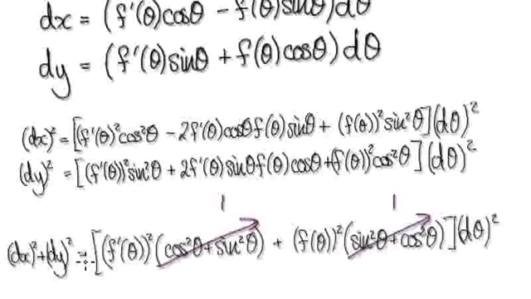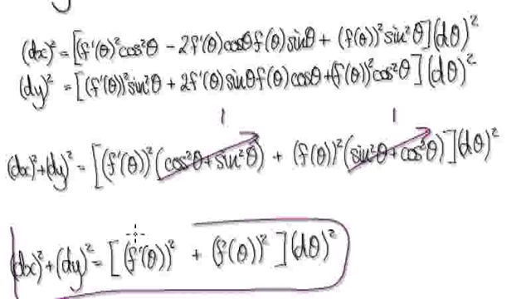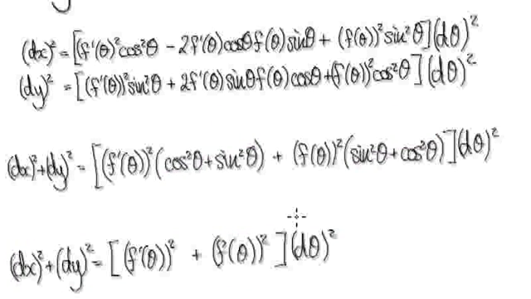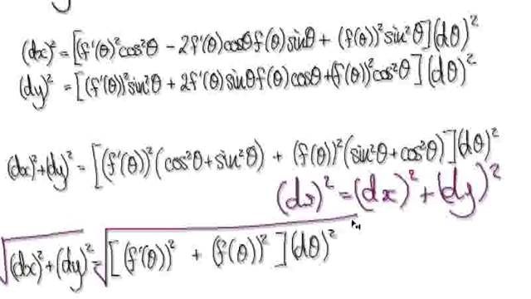So this whole thing here will simply be this. So remember, ds squared equals dx squared plus dy squared. Later on we will need to take the square root of the whole thing.